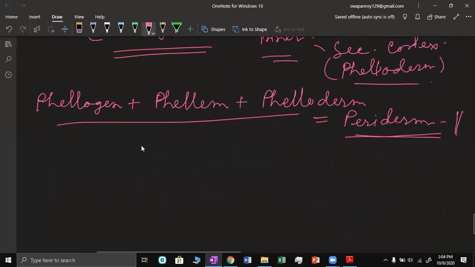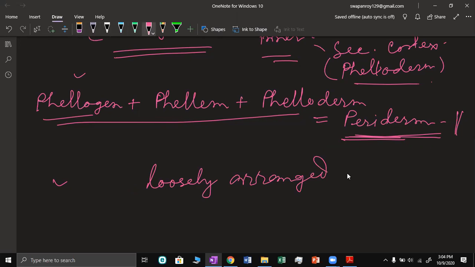In some places, the phellogen produces loosely arranged cells, and here the epidermis also breaks.